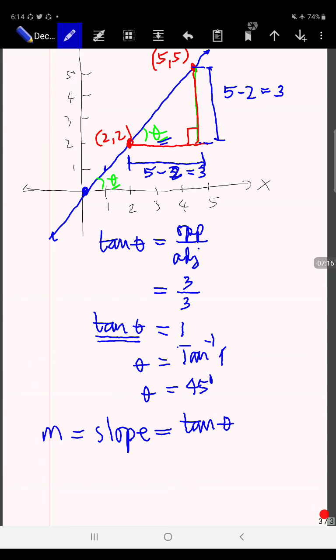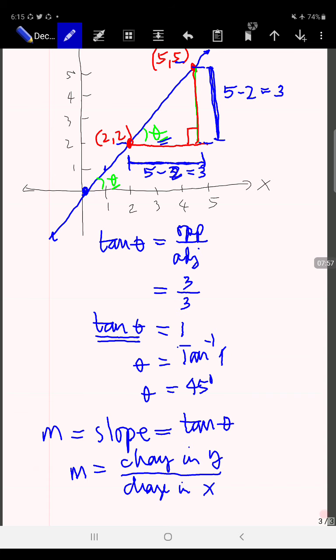So going back to our triangle, since the opposite side is the vertical leg, whose length was computed by subtracting the y coordinate of the second point minus the y coordinate of the first point, m can also be described as the change in y over the horizontal leg, which is just the change in x.